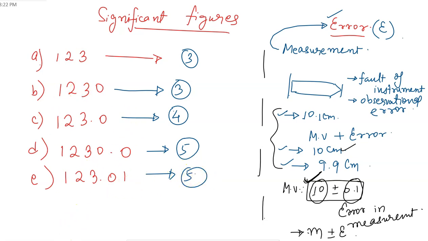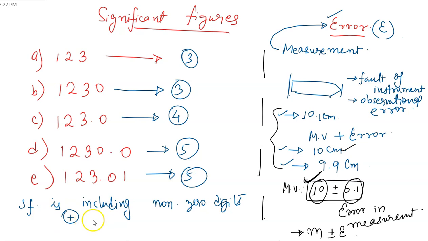In all these cases, what we can conclude is that significant figures include the non-zero digits. It also includes the digit 0, but only if that 0 is between two non-zero digits. This is the only rule to understand the concept of significant figures.